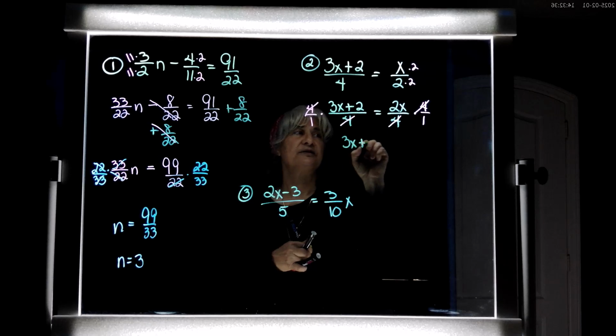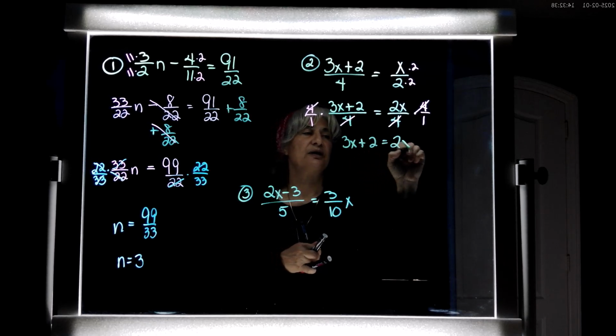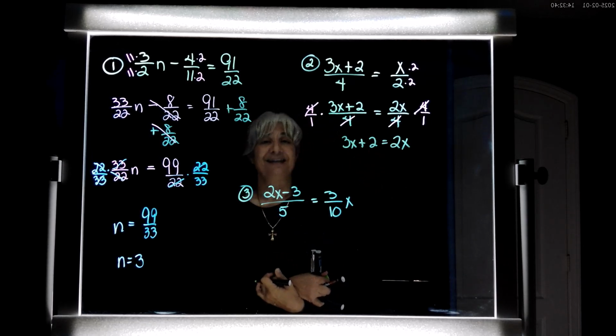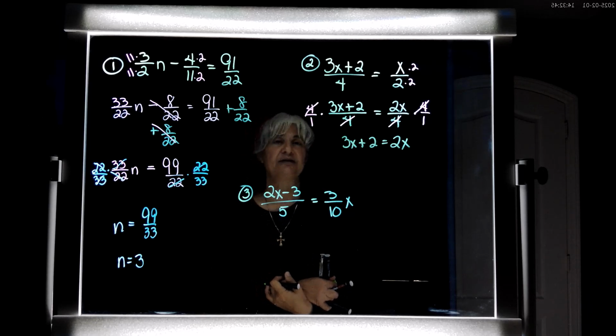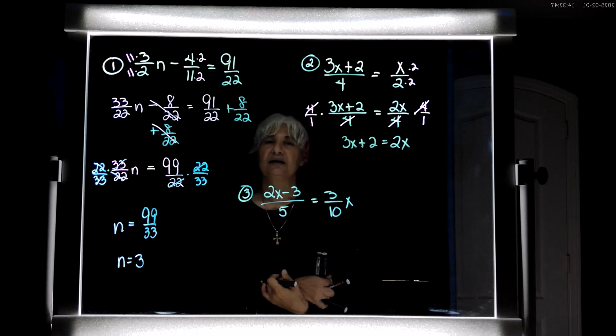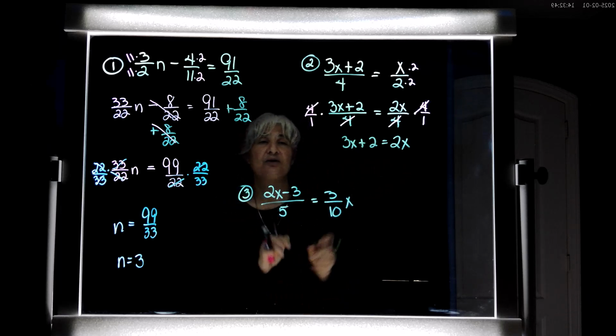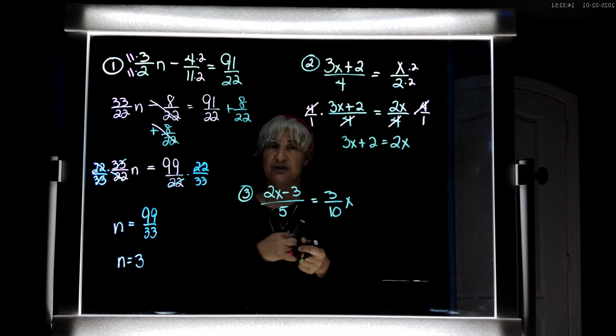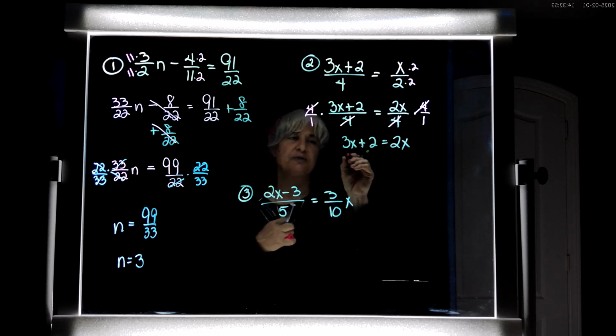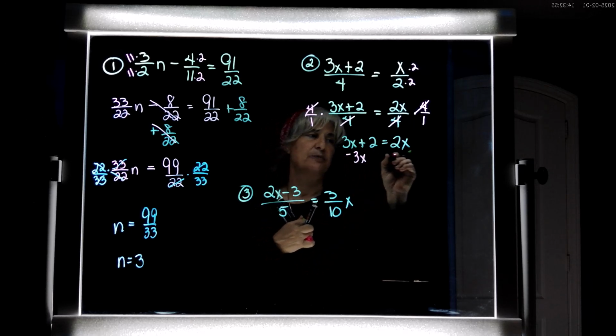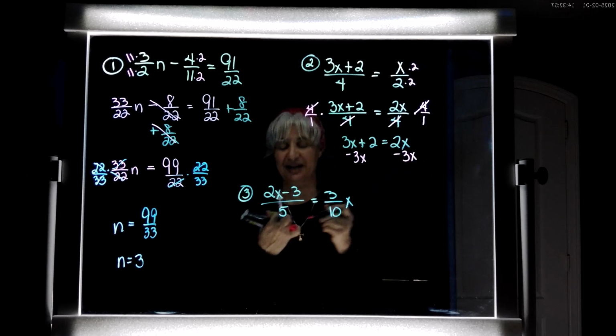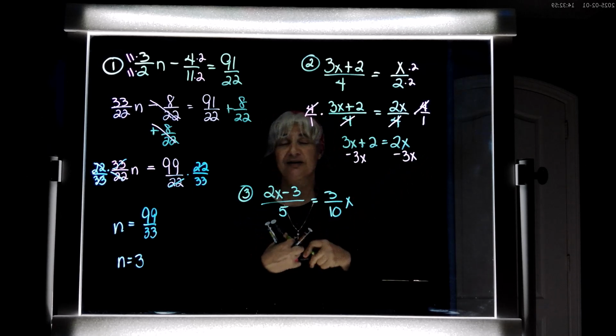3x plus 2 equals 2x. Yeah, that's really easy to work with, isn't it? I agree. So now we simply have to get all our x's on one side. So what are you going to do? I am going to minus 3x here because the right side already has a single x, shall I say.